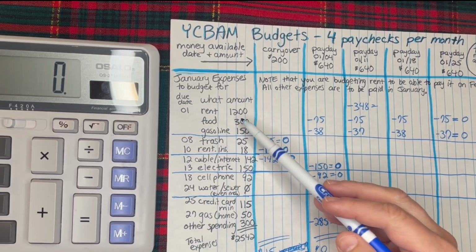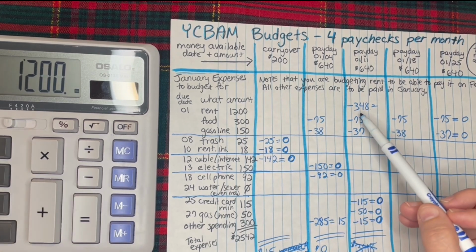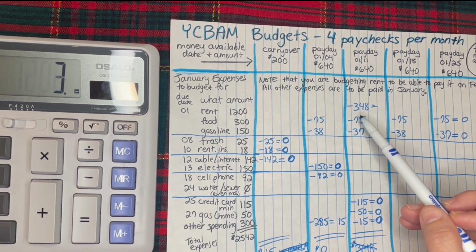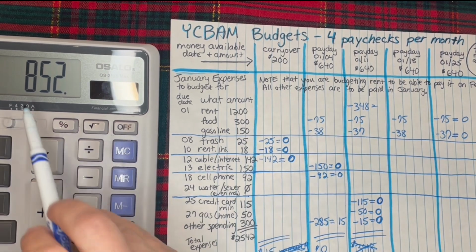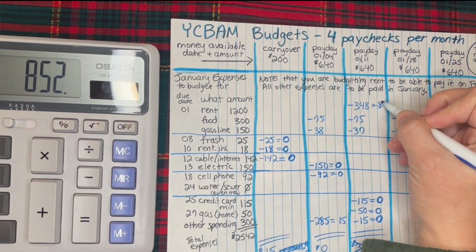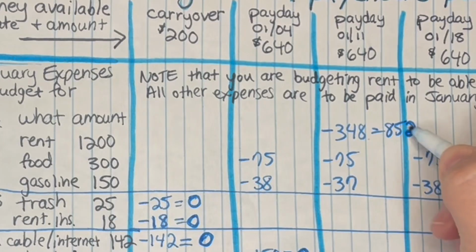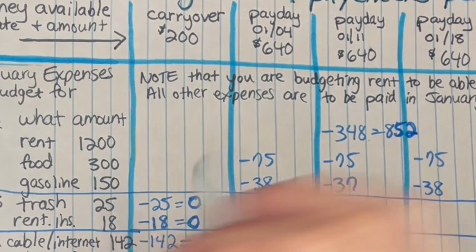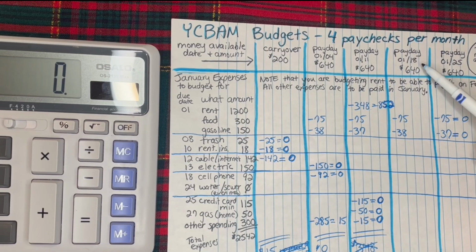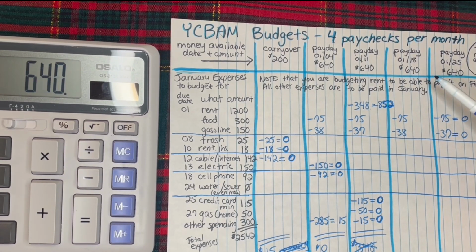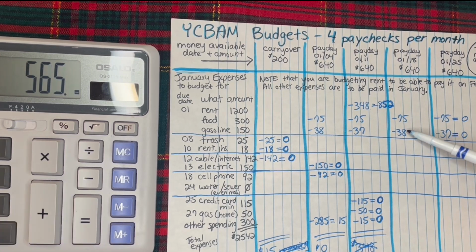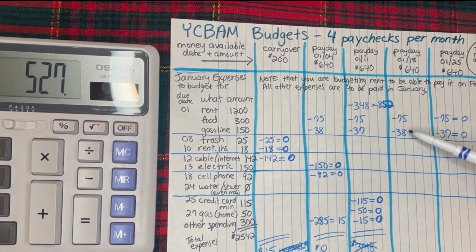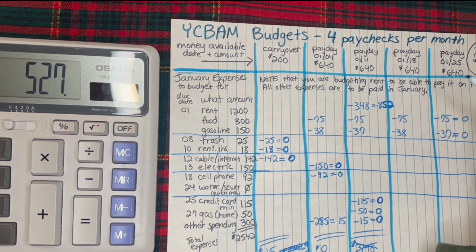My rent is $1,200. And then I'm gonna use $348 from this paycheck on the 11th. I would have $852 that I still need to budget for so I can pay my rent on time. So on the 18th, I get paid $640. I'm taking $75 out for food, $38 out for gas. That leaves me with $527.